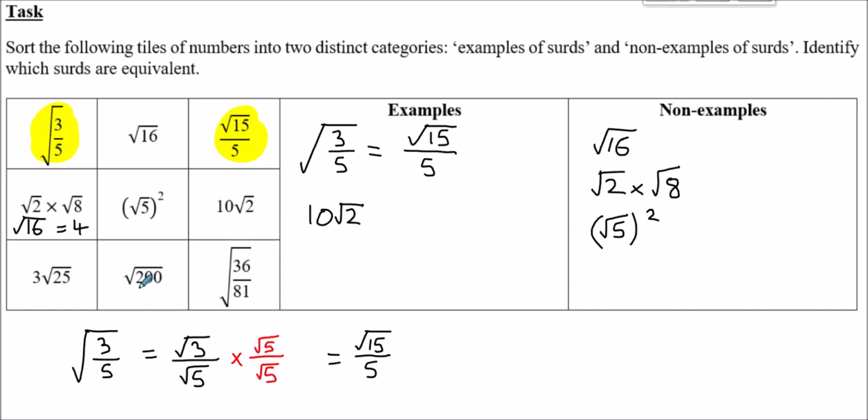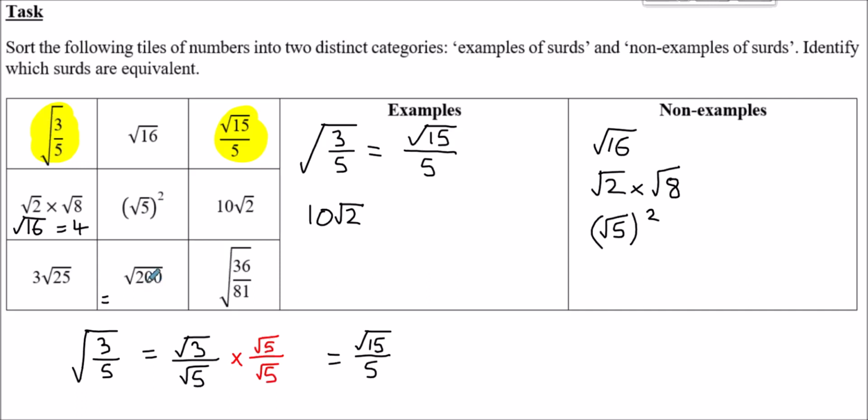Root 200. Well, let's think about what root 200 means. Now, with surds, we can alter surds into different equivalent forms by finding square roots of the number inside the surd and splitting the surd into multiples of a square number. And so root 200, for example, square root of 200, well, 200 is 100 multiplied by 2.